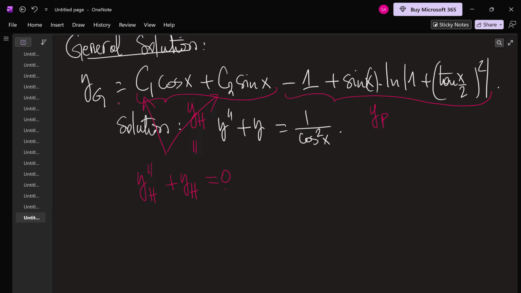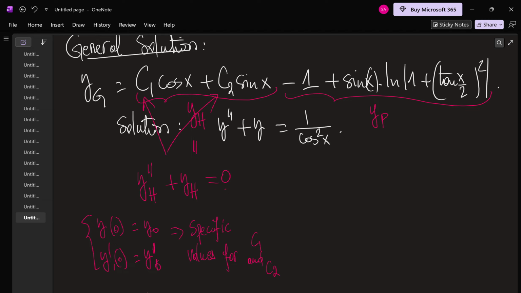But if you have initial conditions like y of 0 is equal to some y0 and y prime of 0 is equal to some constant y0 prime, here if I gave you these two, you could find the specific values for C1 and C2.